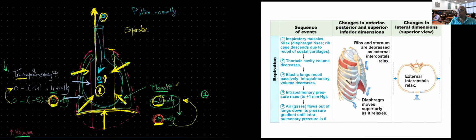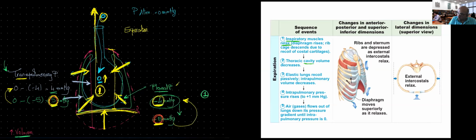What happens during expiration? Remember, expiration is going to be a passive process. What I will need to do is relaxation of the inspiratory muscles. I relax the diaphragm, it is going to be moving back up to its place. I relax my intercostal muscles, so I will have a drop in my rib cage, and all this together is going to be reducing the volume of my thoracic cavity.